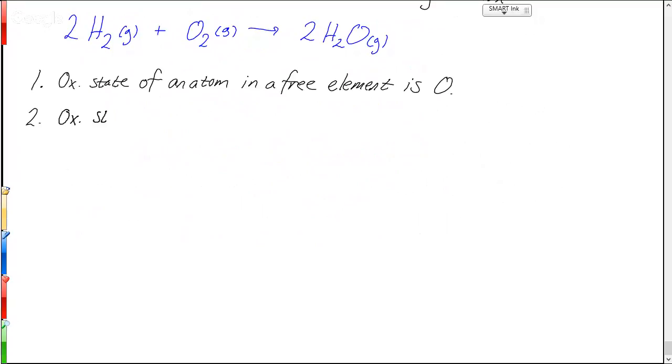Second, the oxidation state of a monoatomic ion is equal to its charge.